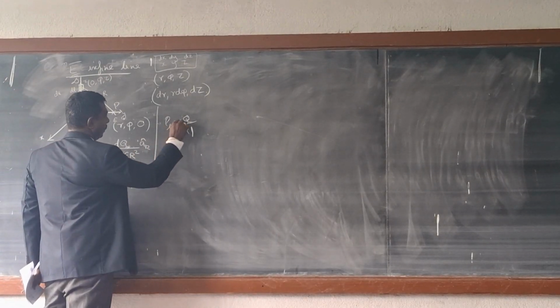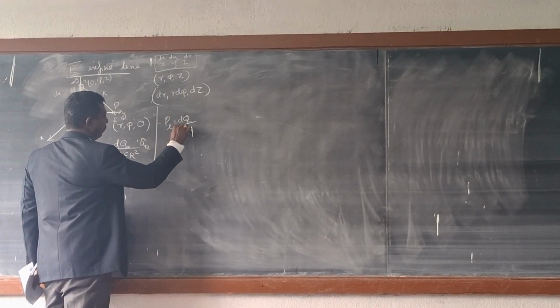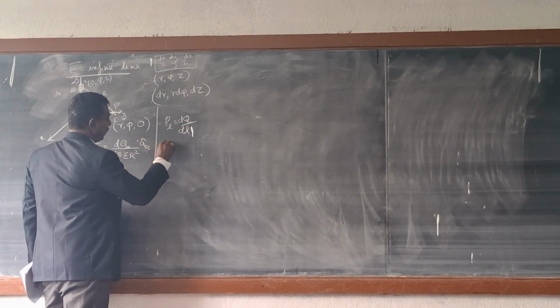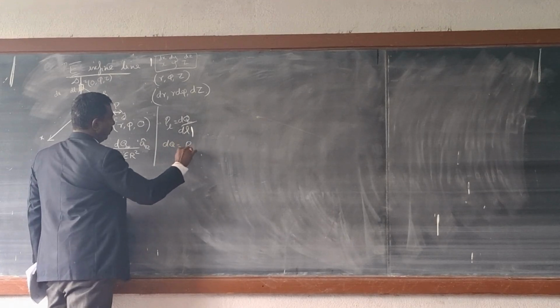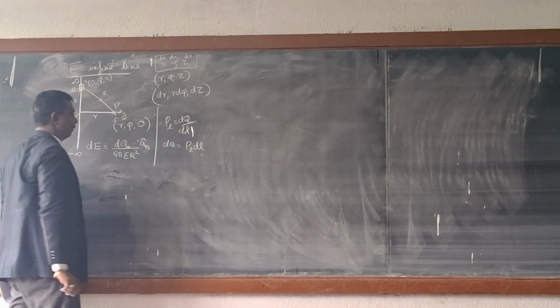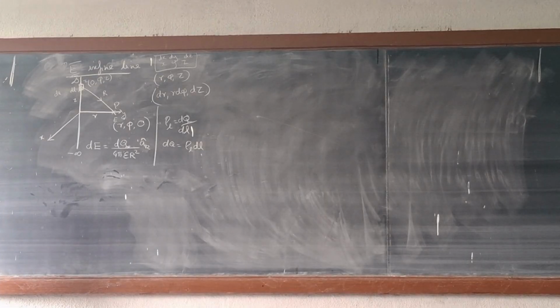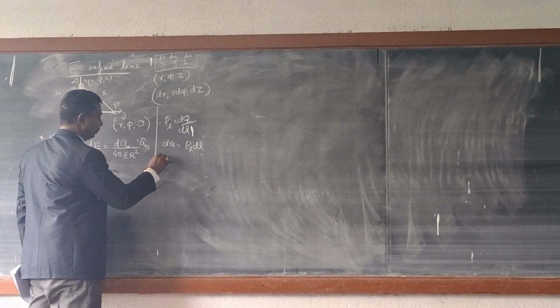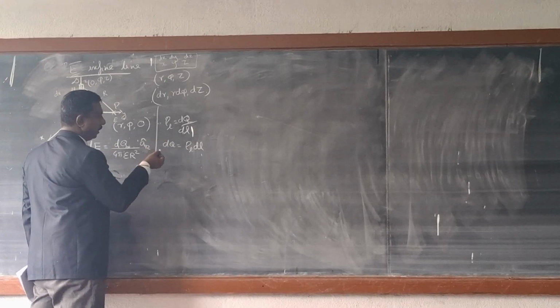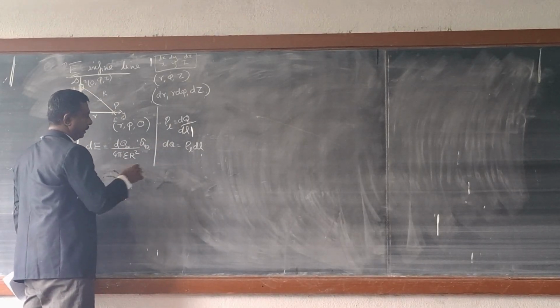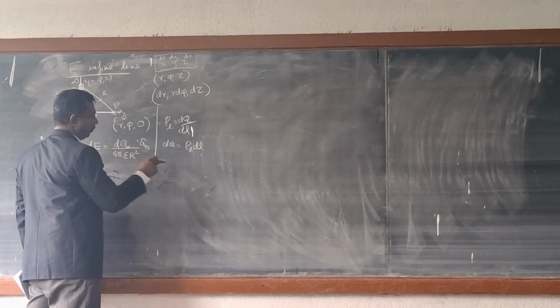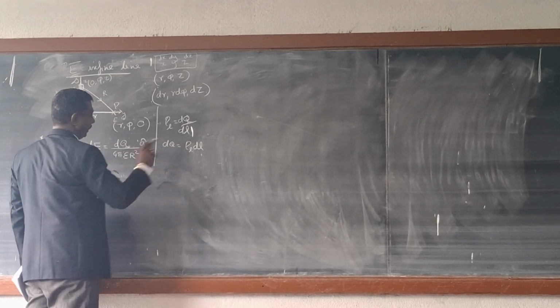Then dq by dl, right? What is dq? Rho L dl, right? What is Q? Integral of rho L dl, right? So instead of this dq, I am replacing it by rho L dl.